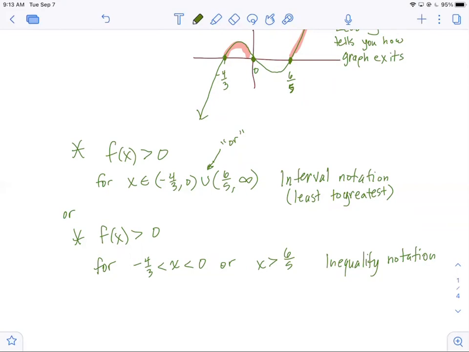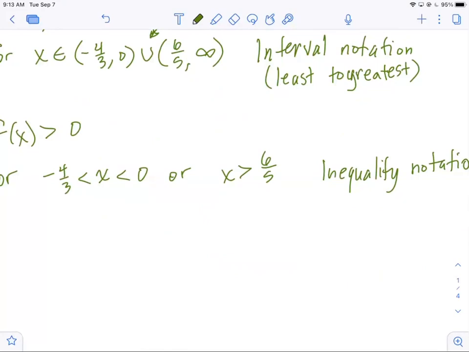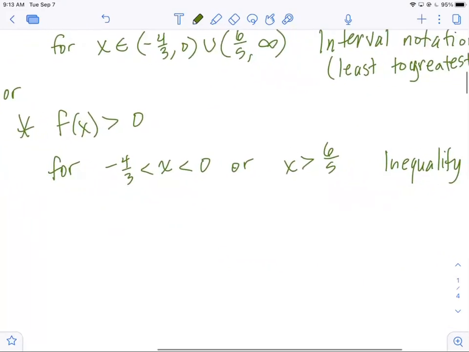Yes, sir. So for the interval notation, you use the U for or? Yes. You can, but you don't have to. The interval notation exclusively uses the or, the union symbol. Whenever you're stating it like this, you could use the word or you can write the union symbol.